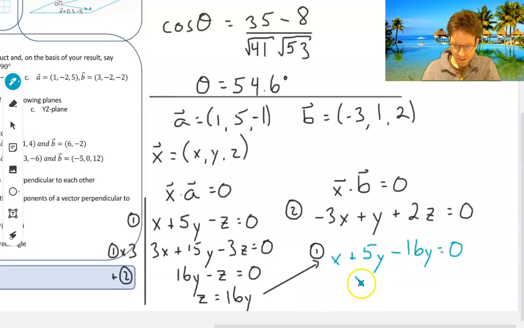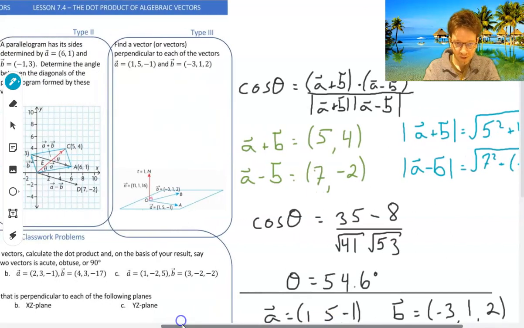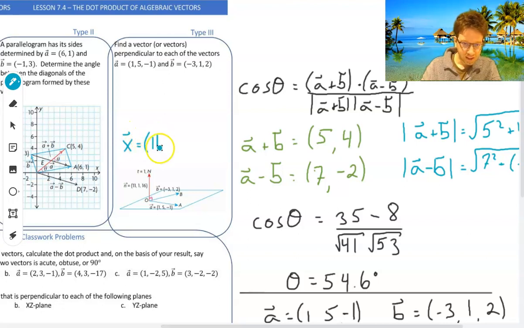So this is going to give us x is 11y. That means our solution, which I will go back up here and write, so I want to see the diagram. Our solution for x turned out to be 11y, y, and 16y.